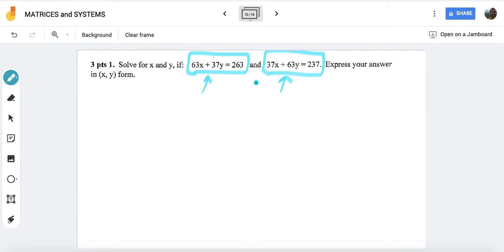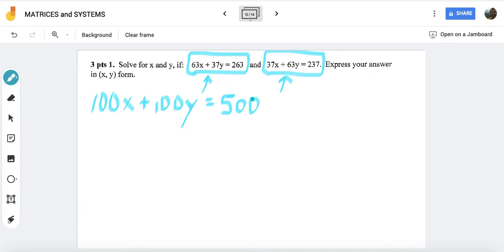Well, it turns out there is a trick where you do add them together. This equation added to this equation comes out to 100x plus 100y. This is a sneaky shortcut. I'm disappointed that they have this as a 3-point question, but 263 plus 237 is 500.